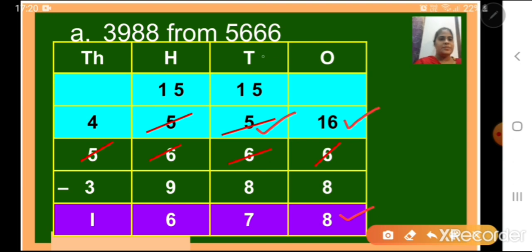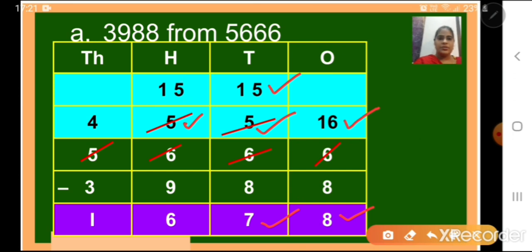After that, in tens place, we have 5 minus 8. Again, which is not possible. So this 5 will borrow from number 6. 6 minus 1 is 5. And 5 will become 15. Okay. Now 15 minus 8 is 7.